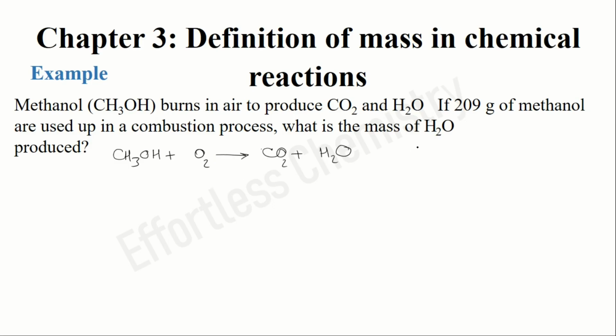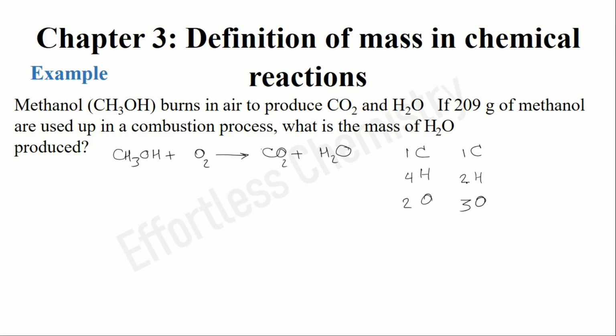Okay, on the left side, in the reactants, we have carbon, hydrogen, oxygen, and in the products, the same. 1 carbon here, 1 carbon here, hydrogen, we have 4 on the left, and we have 2 on the right, oxygen 2, 3.